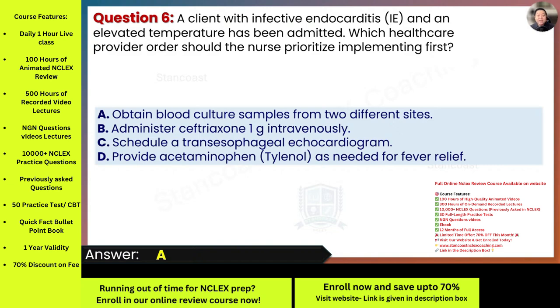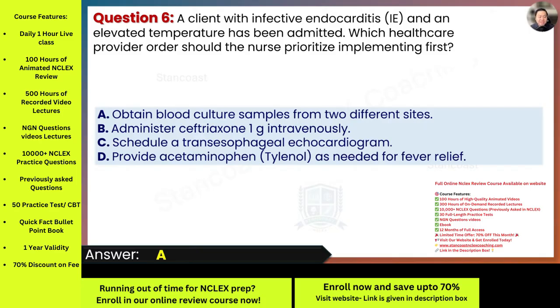And so if antibiotics are given before drawing cultures, the results may be skewed, and this can make it harder to target the infection effectively. Now, the rule of thumb in infections: always get cultures before starting antibiotics to ensure accurate treatment.